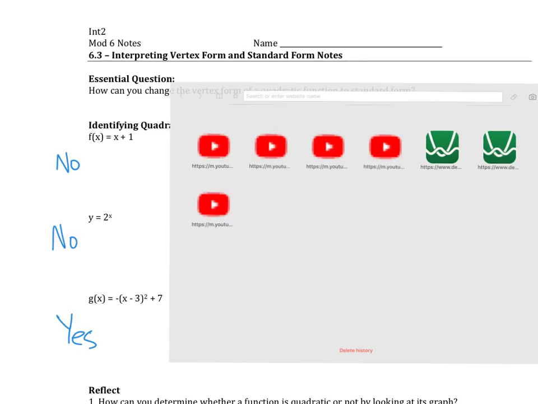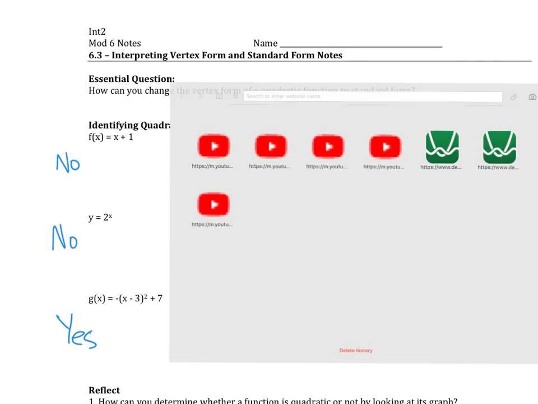Okay, so as we look at these first couple here, we have our x plus 1. Then we have 2 to the x power. And last, we have negative x minus 3 squared plus 7.